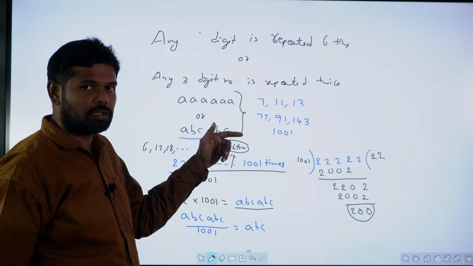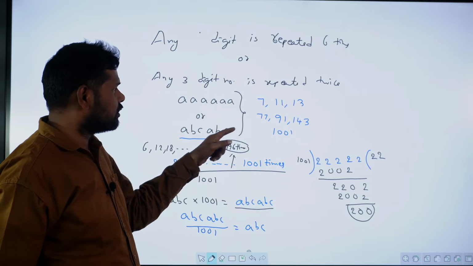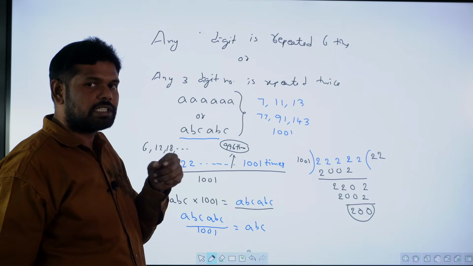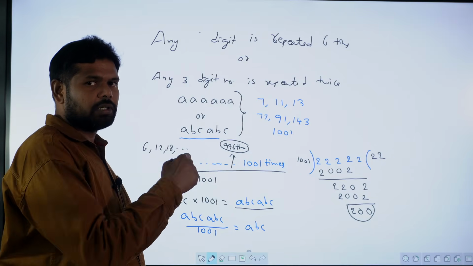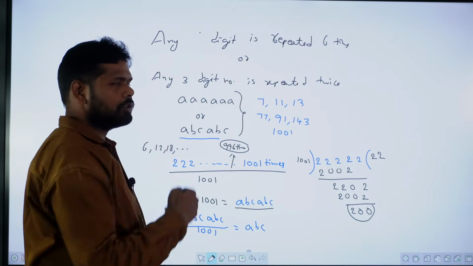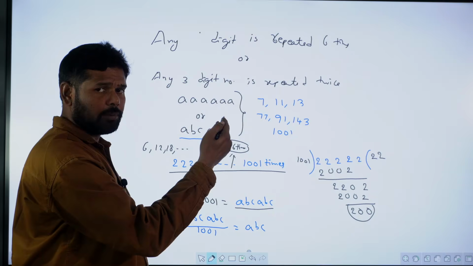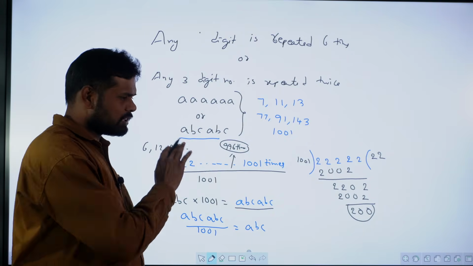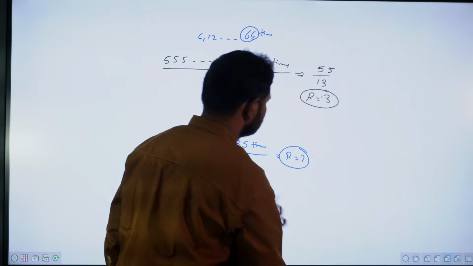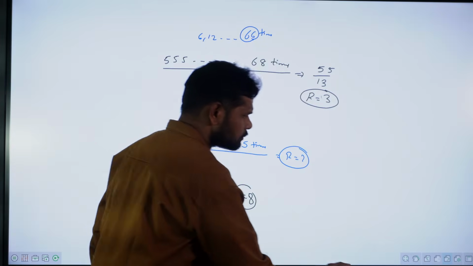We choose 1001. Why? Those numbers are divisible by all of these, not only 7. Only 7 means divisible by only 7 and no other number. That's why we eliminated that option. So many types of questions are framed based on this statement.